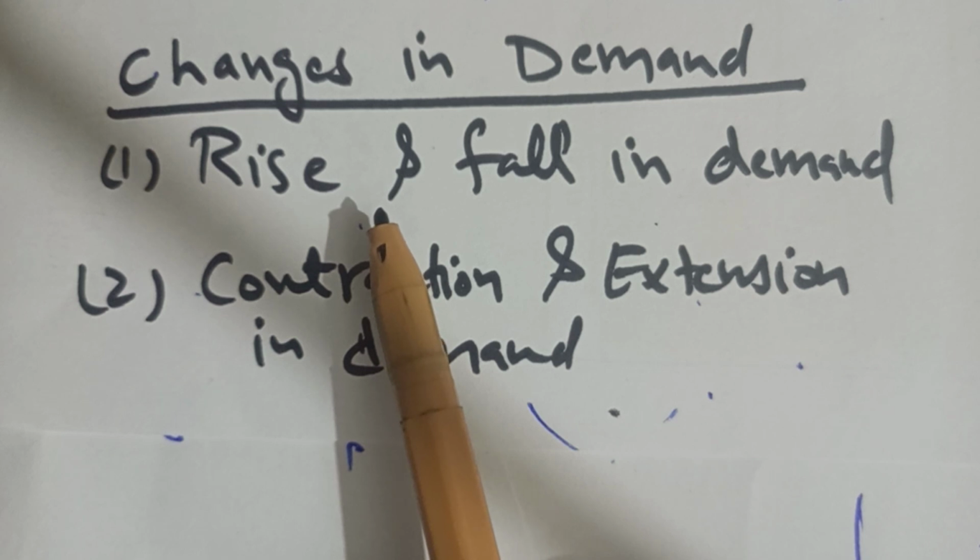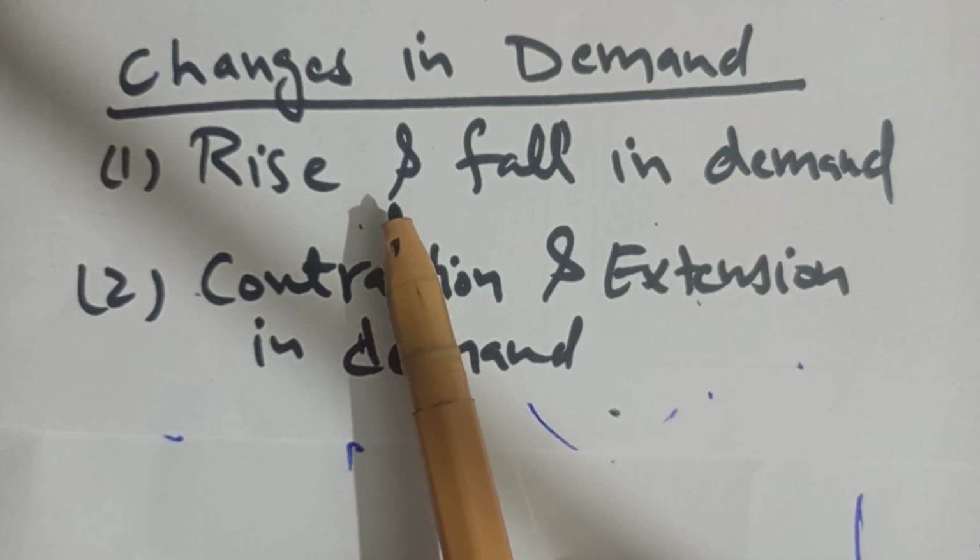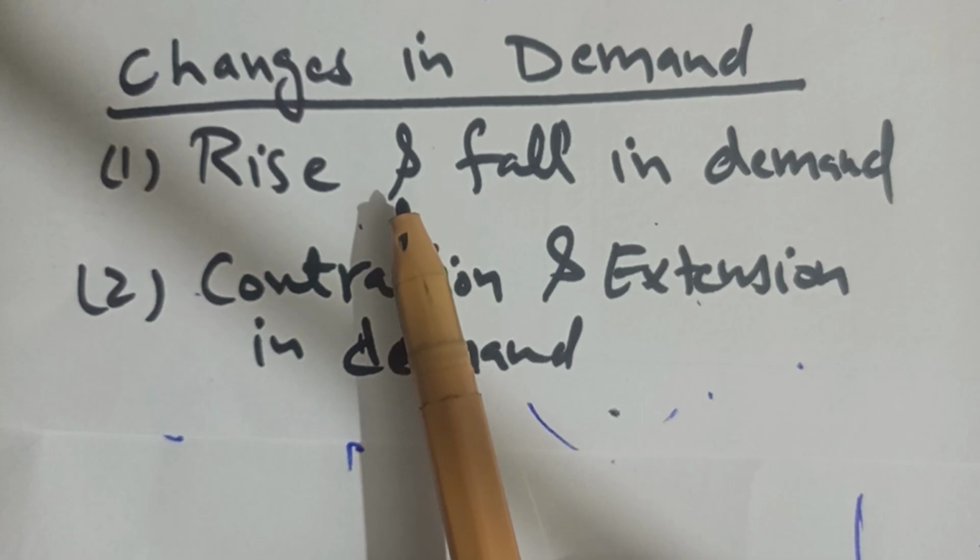Now the fall in demand. It means that the price remains constant and demand decreases. This is due to a decrease in other factors rather than price. For example, if the money income of the consumer decreases, it leads toward a decrease in demand. And weather change, unfavorable weather, will lead toward a fall in demand.